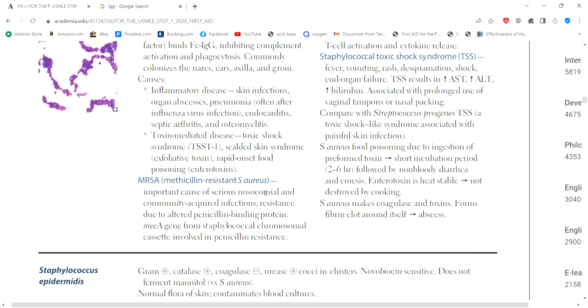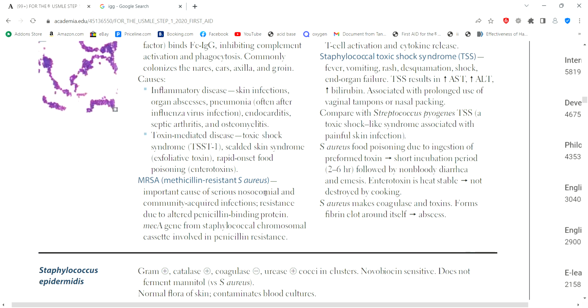So vancomycin for MRSA, and nafcillin for methicillin-sensitive Staph aureus.